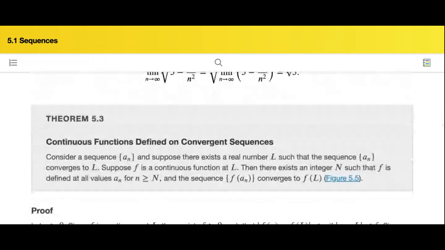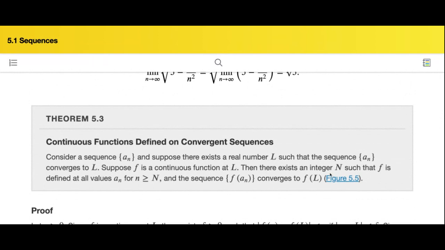Okay, third theorem: continuous functions defined on convergent sequences. Consider a sequence and suppose there is a real number L such that the sequence converges to it. Suppose f is a continuous function at the number.